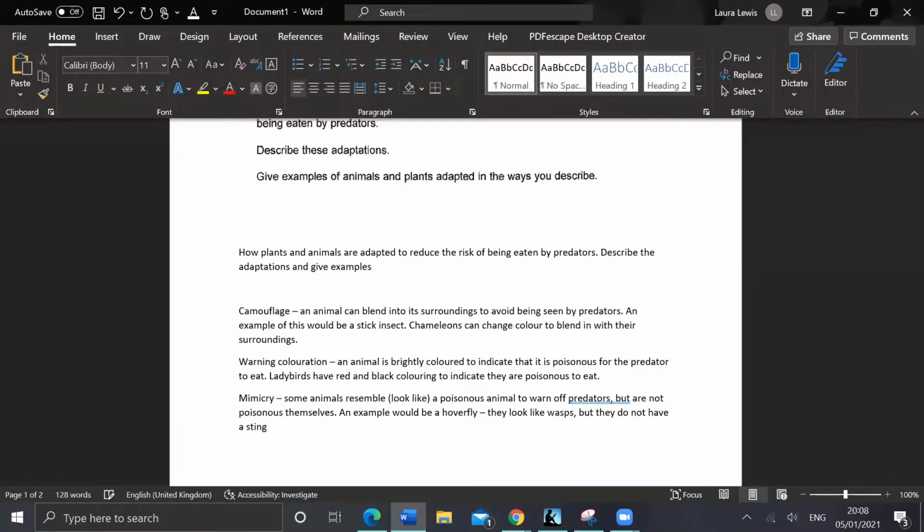Some snakes do this as well. You could write some snakes, I don't have the exact species. Some snakes are non-venomous, but have colouring that is similar to venomous species.